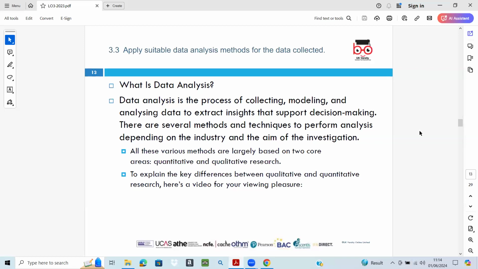With this one, we have apply suitable data analysis method for data collected. What is data analysis?